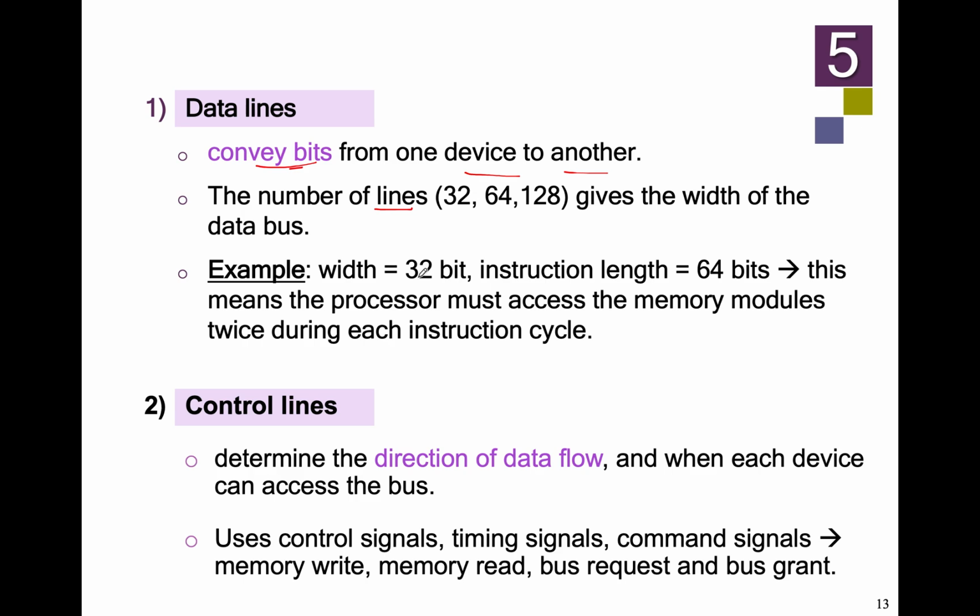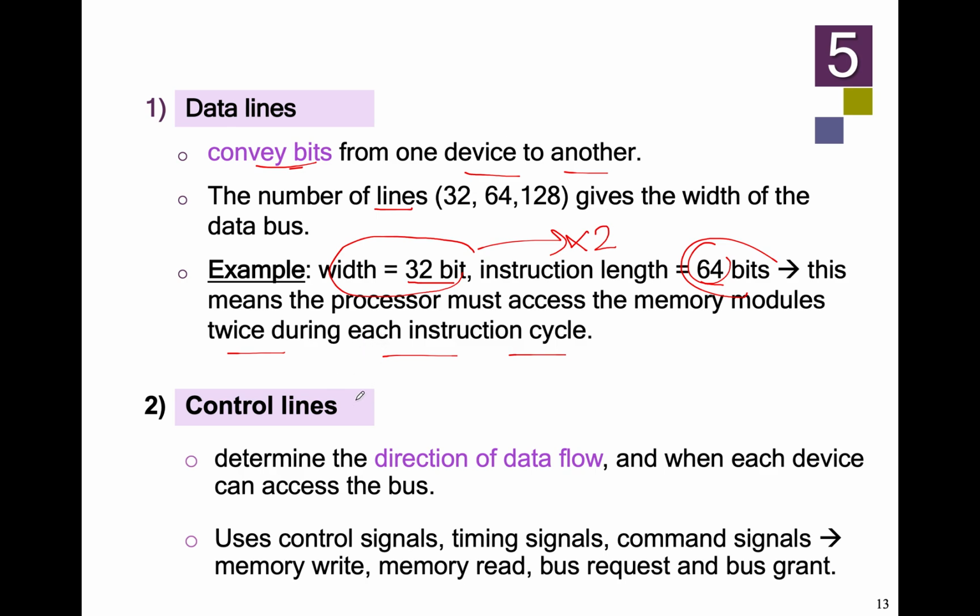For example, if the bus width is 32 bits and the instruction length is 64 bits, this means the processor must access the memory module twice during each instruction cycle, because the bus is 32 bits but the instruction length is 64, so you need two accesses.